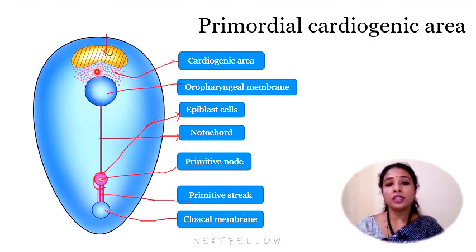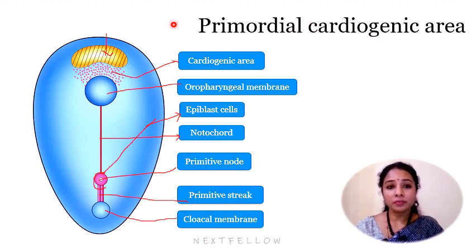So the cardiogenic area lies at the cranial end of the neural tube, and that is cranial to the oropharyngeal membrane, and it is a trilaminar germ disc between the septum transversum and procaudal plate. So it forms a cardiogenic area. It is an area in the cranial end of the trilaminar germ disc embryo. We know by the third week the trilaminar germ disc forms.